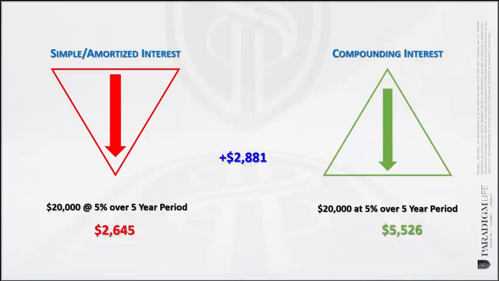If we were able to leverage that $20,000 instead of taking it from an external source, we have a gain of $2,881. Okay, and over that 5-year time frame, that $2,881 is a 14.4% gain on that $20,000. Okay, so imagine being able to take a policy loan from our cash value, and as long as we're making consistent payments back, coming out ahead.